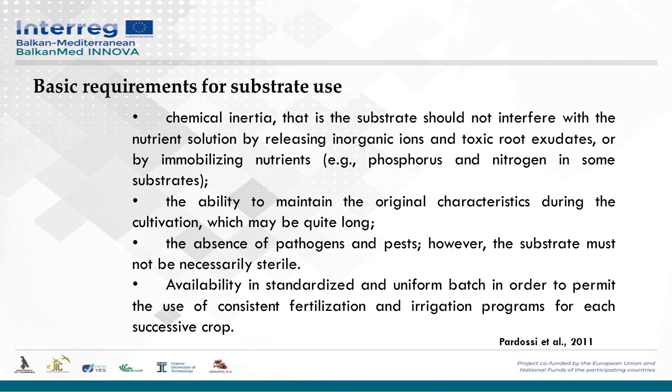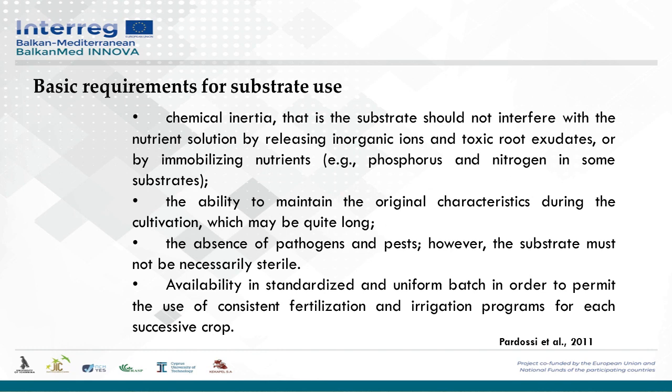which in some cases might be quite long. It must be free of pathogens and pests, and this does not necessarily mean that it should be sterile, but it should be free of pathogens and pests.